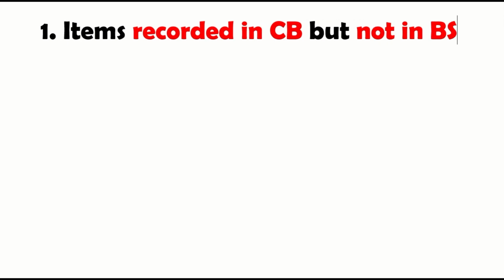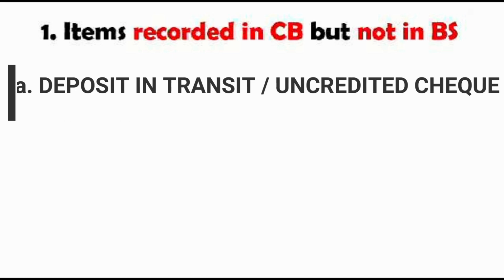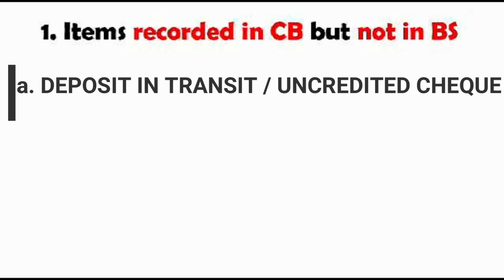So we are going to focus on reason number one: items recorded in cash book but not in the bank statement. Do you remember just now? Number one, deposit in transit or uncredited check.